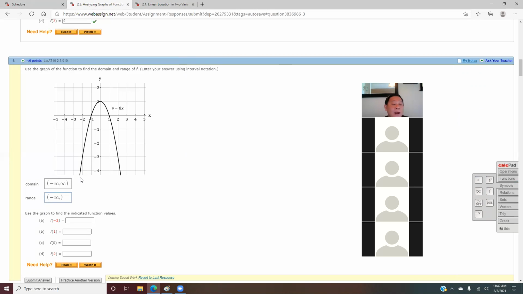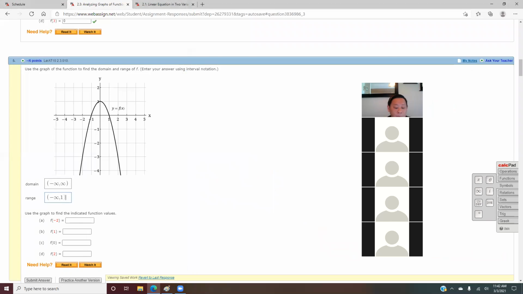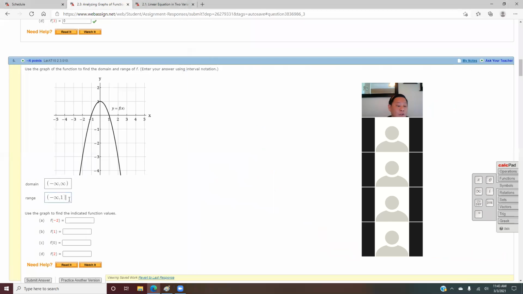And where does it go all the way up to? It goes all the way up to 1. So my question is, do we include or not include 1? Include. So do we use parentheses or brackets in this case? The top one. And make sure you close with a bracket, not open. So this is how you do your range here.